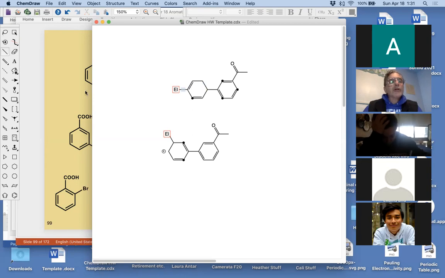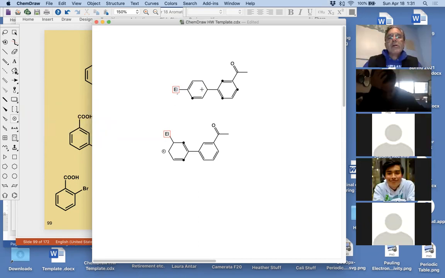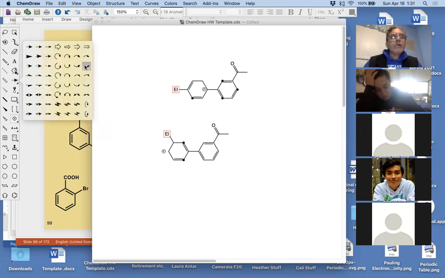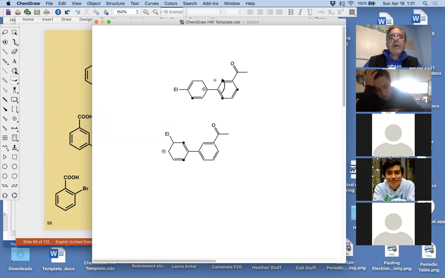So I'm just going to draw the resonance structure here. Okay, and so you just need a simple arrow. Now, do it this way.